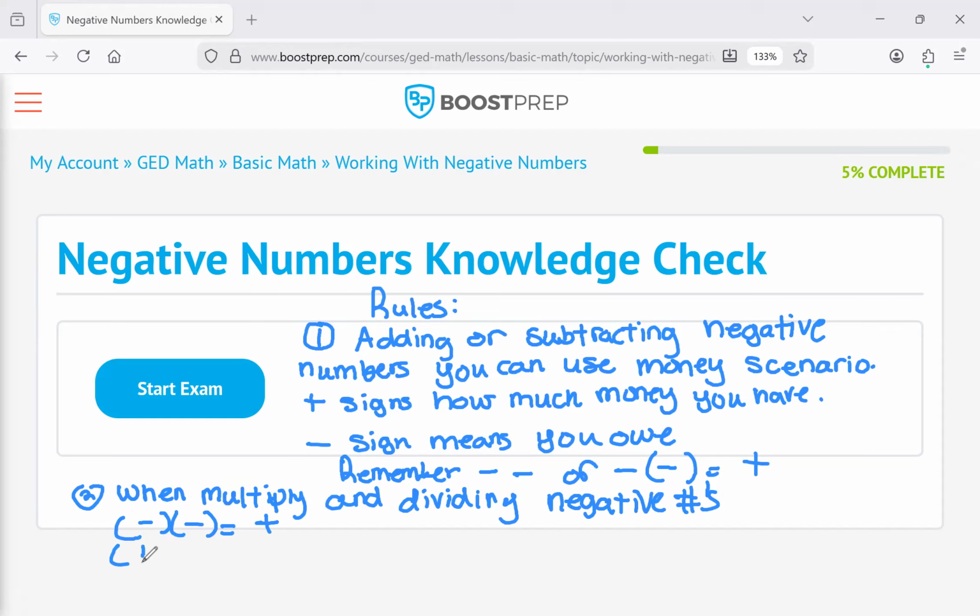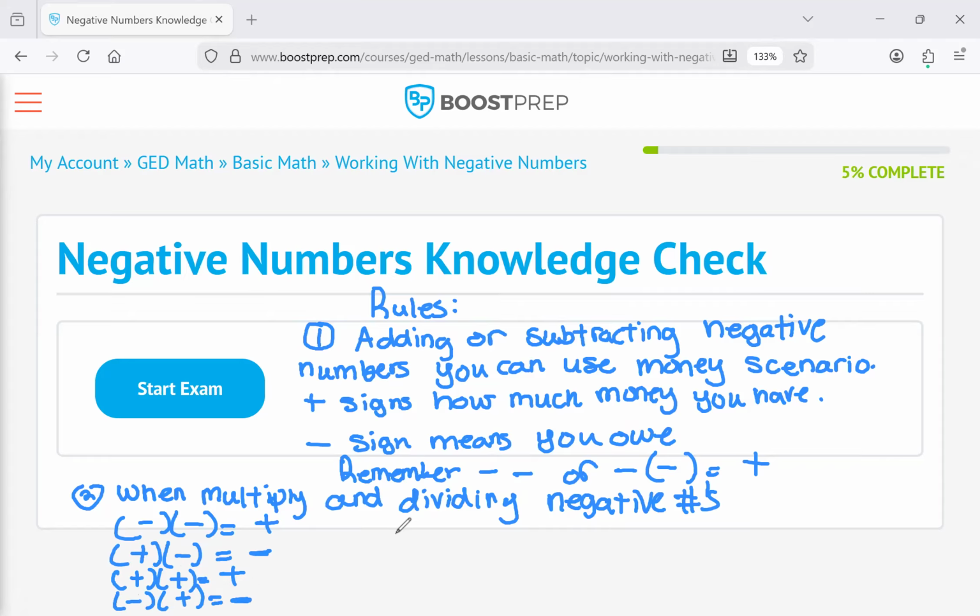When you're multiplying a positive times a negative, that equals a negative. When you're multiplying a positive times a positive, that becomes positive. And when you're multiplying a negative times a positive, it becomes a negative.